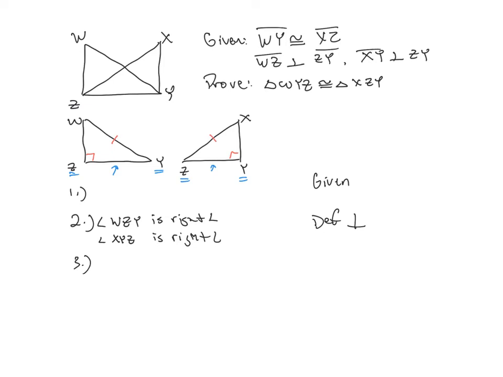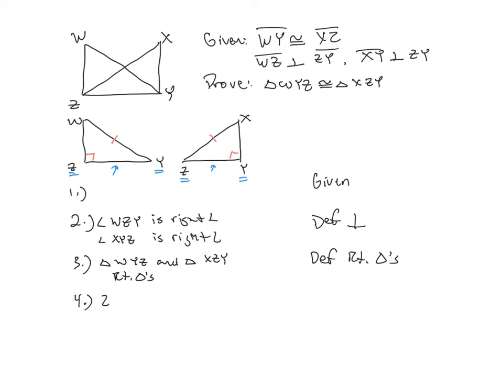So perpendicular, they're right angles, and then I can say triangle WYZ and triangle XZY are right triangles, and that's just the definition of right triangles. The definition of a right triangle is it has a right angle. Okay.